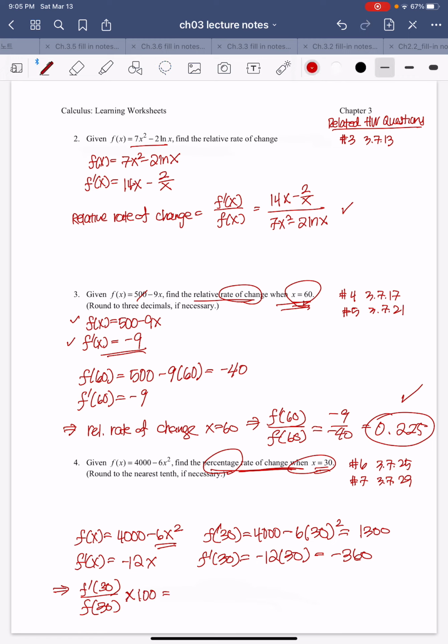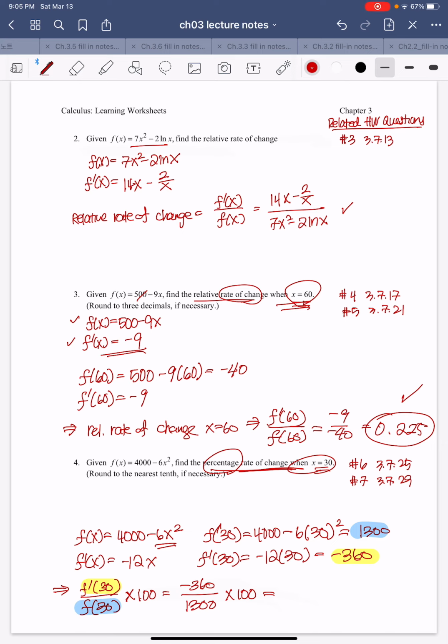So my top function is negative 360. My bottom function is 1,300, multiplied by 100. So negative 360 divided by 1,300 times 100.